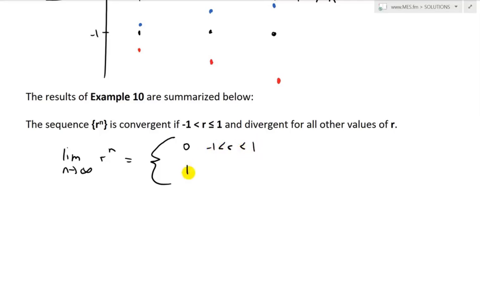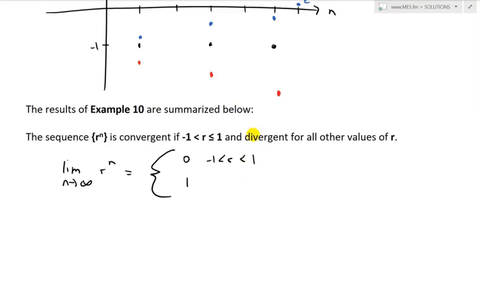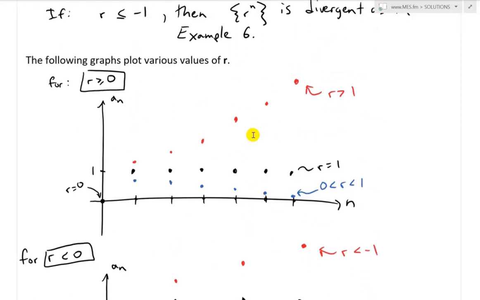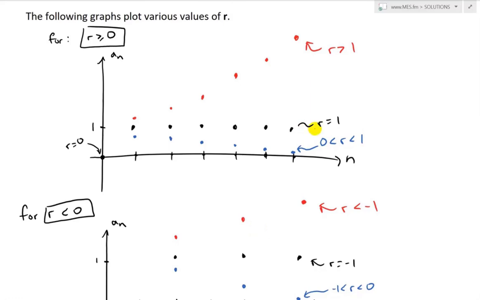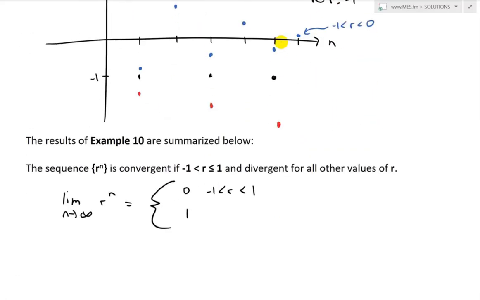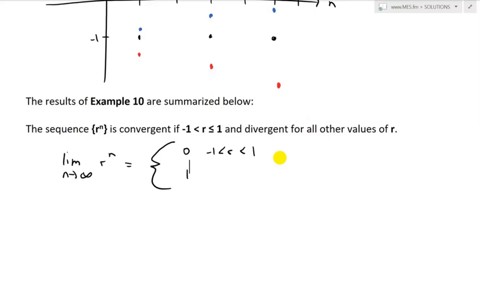So anytime the absolute value is less than 1, it's going to be converging to 0. And then r equals 1 is the other one over there, and that equals 1 if r equals 1. So let me move this around here and write if.